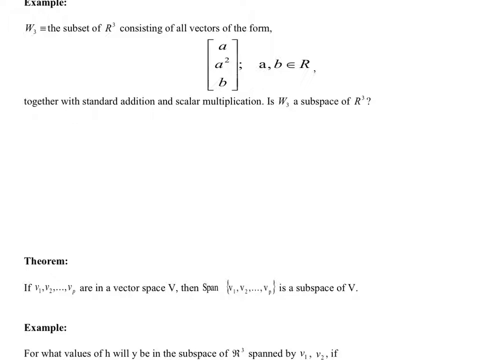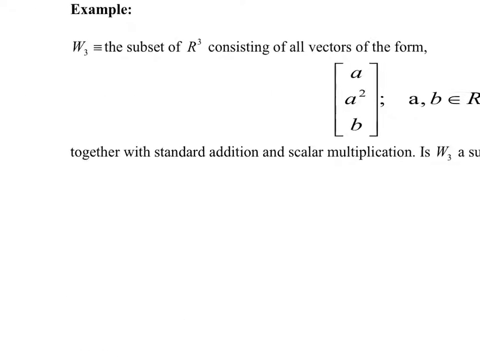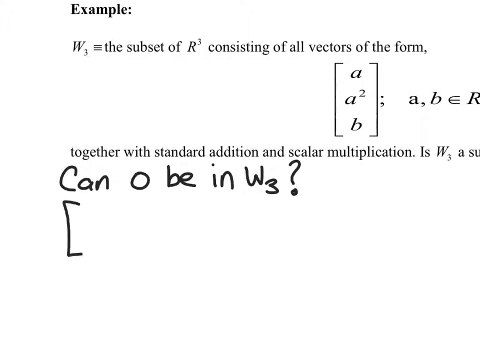All right. So first thing I would want to do is verify that the 0 vector is a possibility. Can the zero vector be in W3? And so the way I would do that is just very simply taking my given vector and setting it equal to 0.